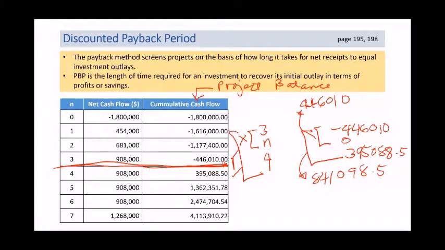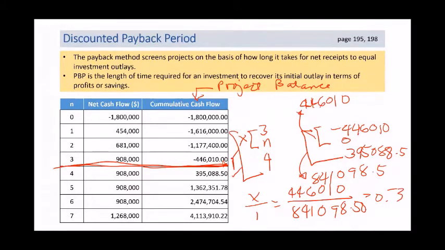Okay, so by ratio and proportion, we have x over 1 equals 446,010 over 841,098.5. 446,010 divided by 841,098.5 is 0.53.